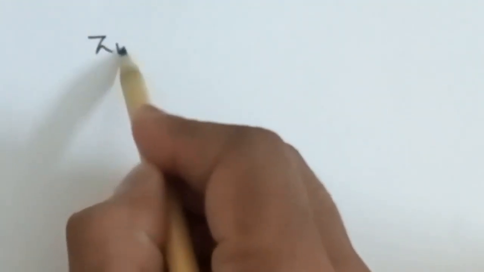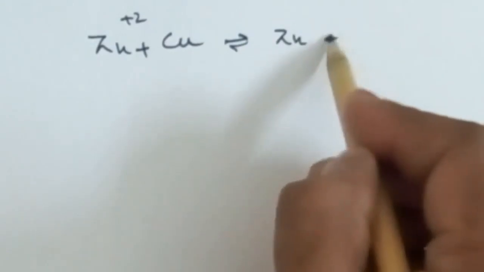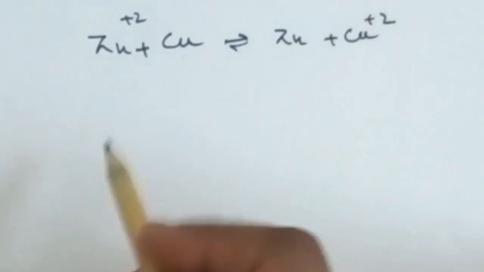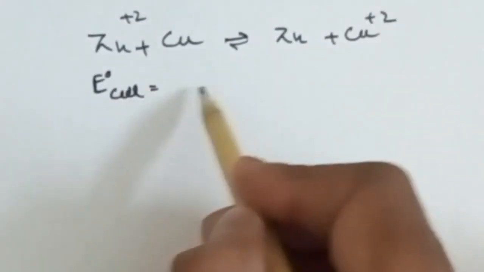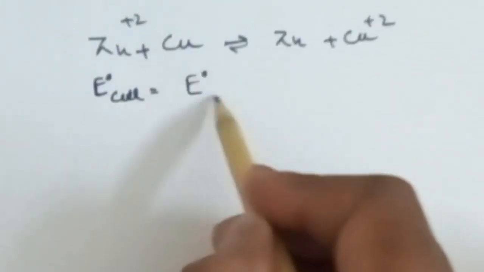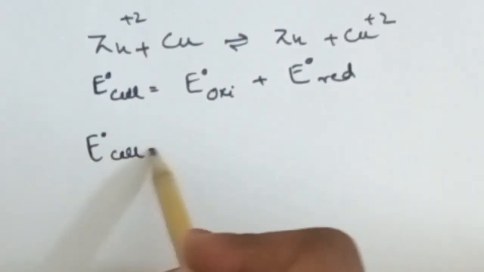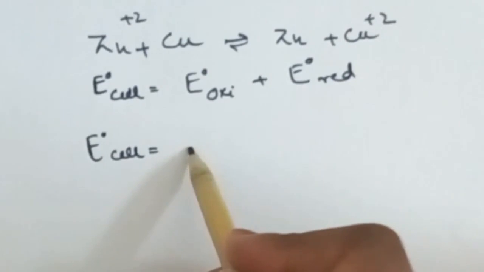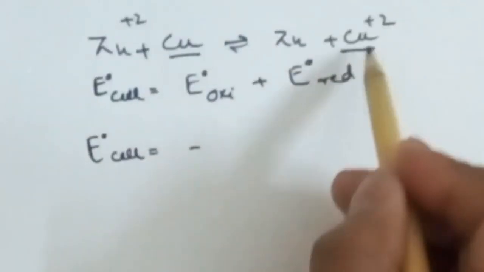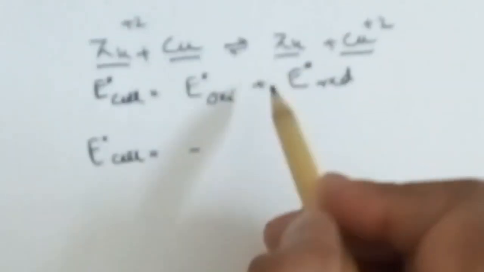Now write down the values for the reverse reaction. The electrode potential of the cell is equal to, now copper is going to oxidize and zinc is going to reduce.